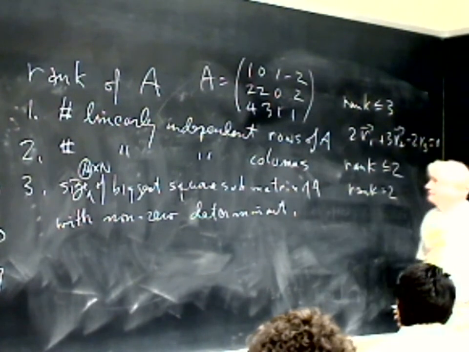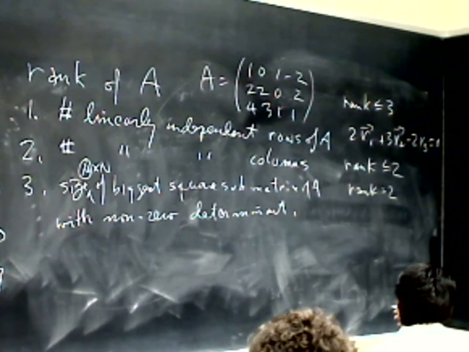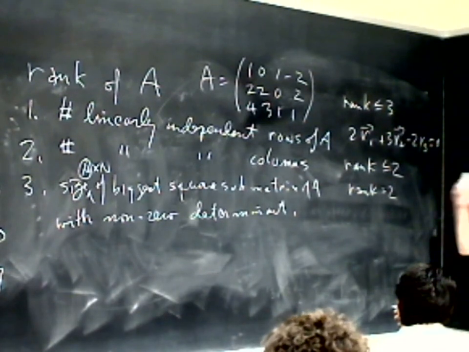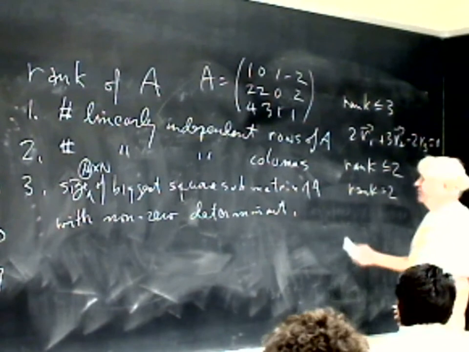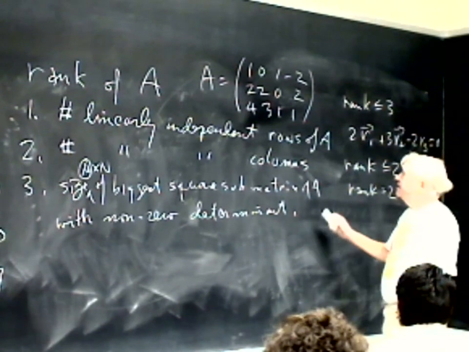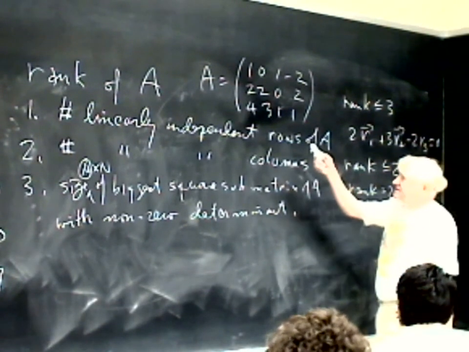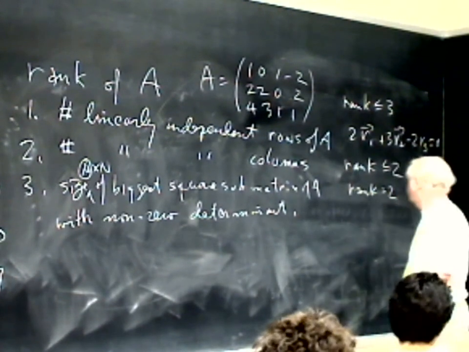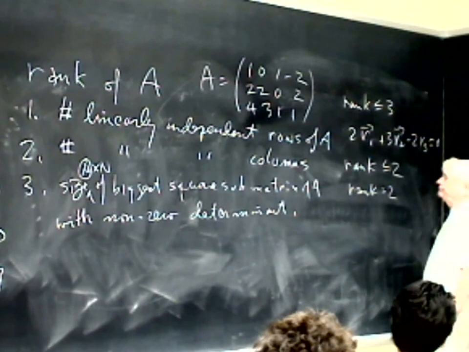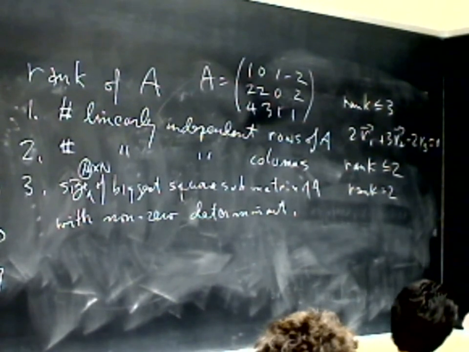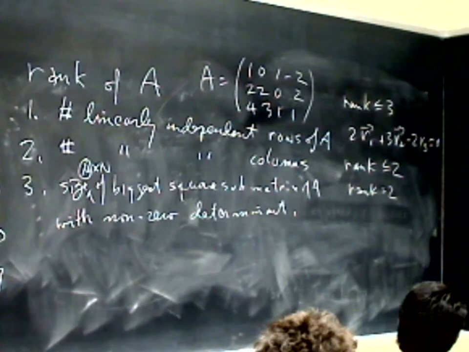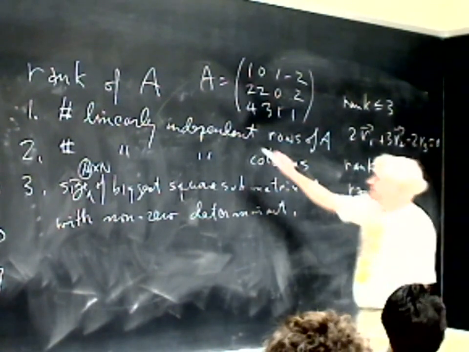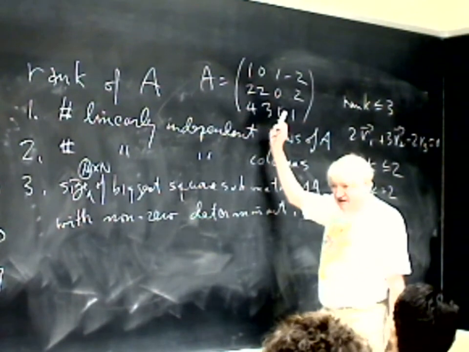And so those columns span a three-dimensional space. Consequently, you always find a four-dimensional vector that A maps to 0. And in fact, you can also find a three-dimensional vector that A maps to 0 from the left.